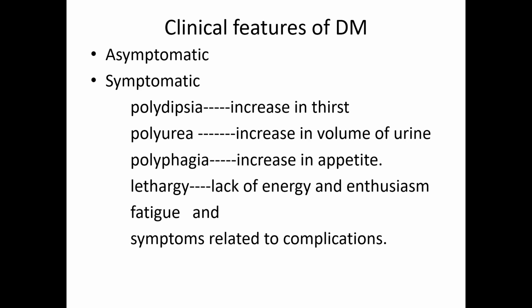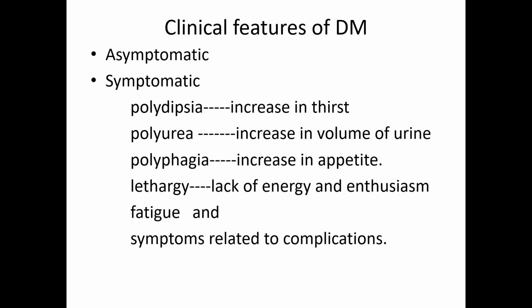So hyperglycemia is due to absolute or relative deficiency of insulin, inadequate insulin action or insulin resistance. Whatever may be the cause, the clinical features in both cases are almost the same.